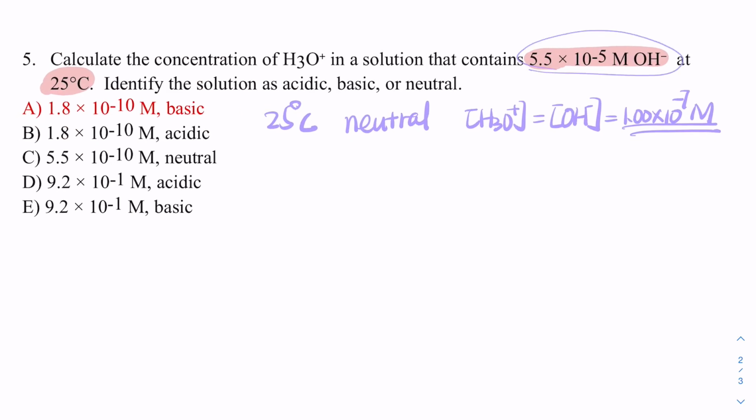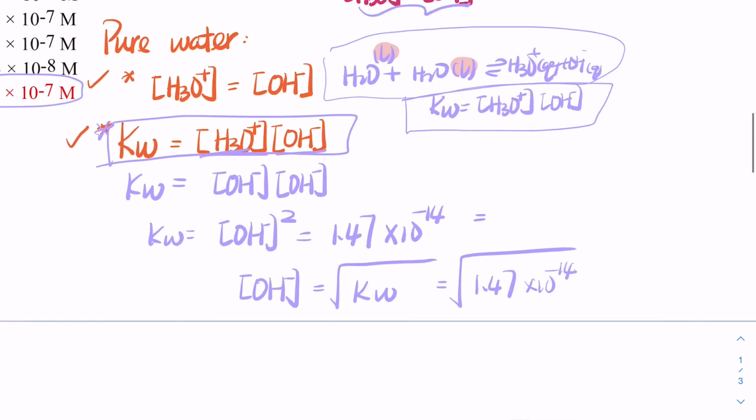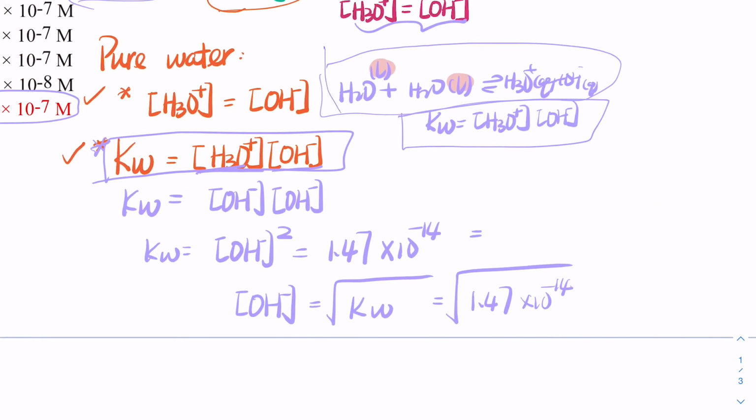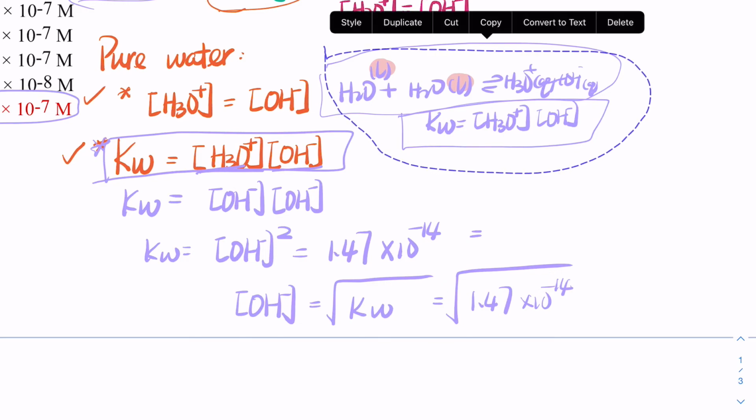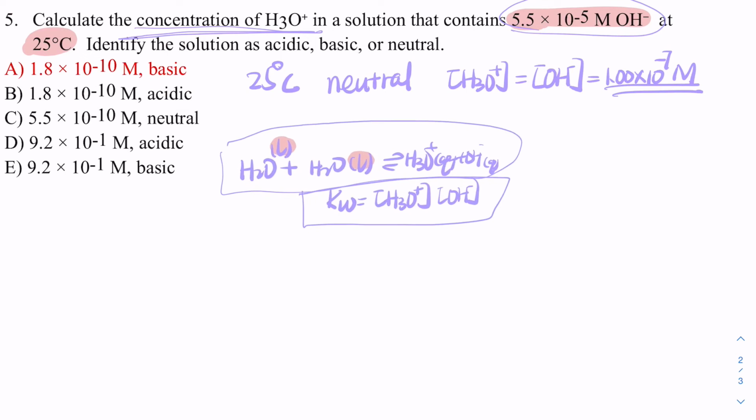So what is it? Let's do a calculation, because we also need to know the concentration of hydronium ion, as we talked about earlier. Let's borrow this relationship. We have the reaction, and Kw equals the hydronium ion concentration times the hydroxide ion concentration.